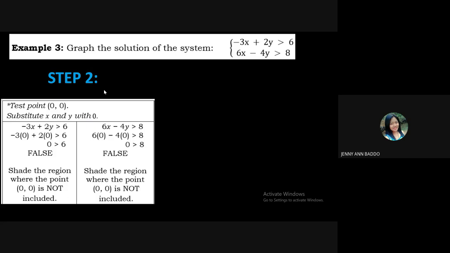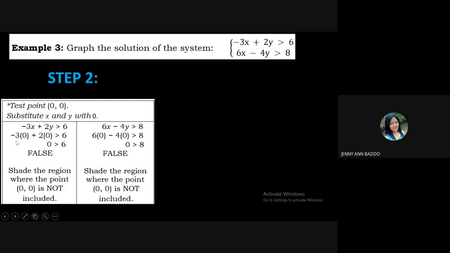Step 2. We now have to determine the shaded region. That is by testing the point 0, 0 by substituting x and y with 0. So we have here negative 3x plus 2y is greater than 6.